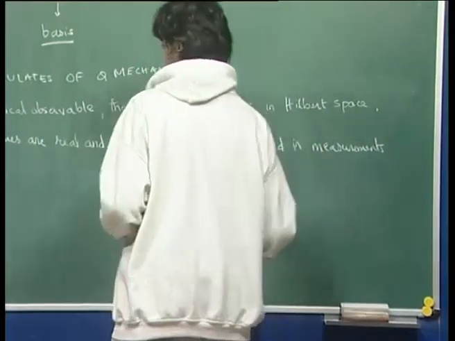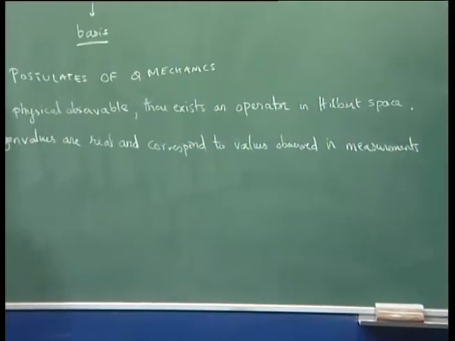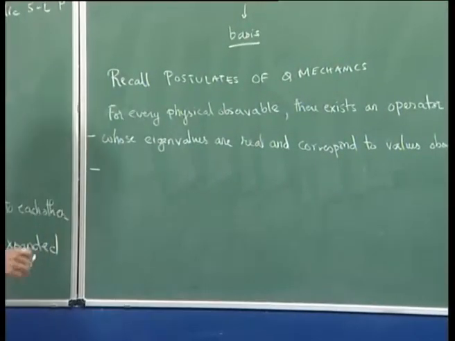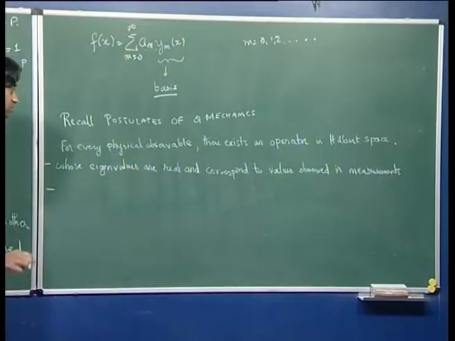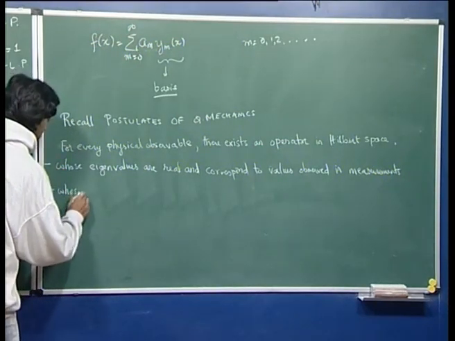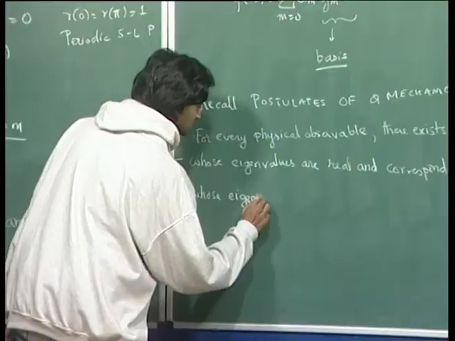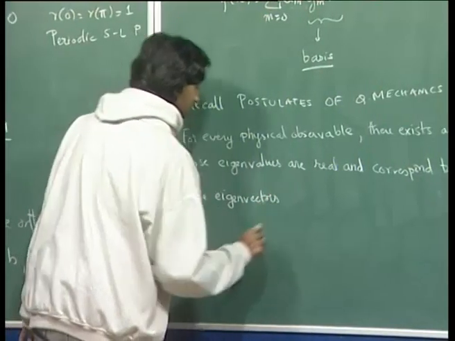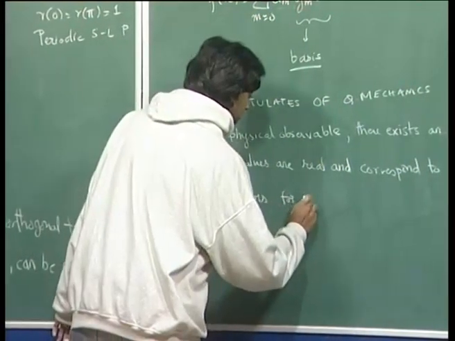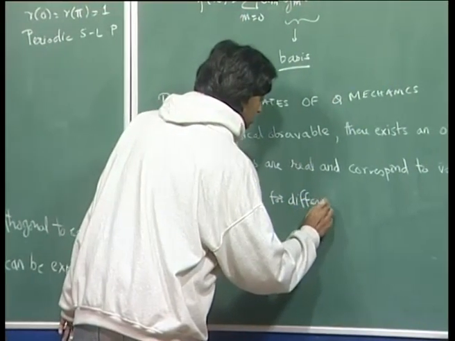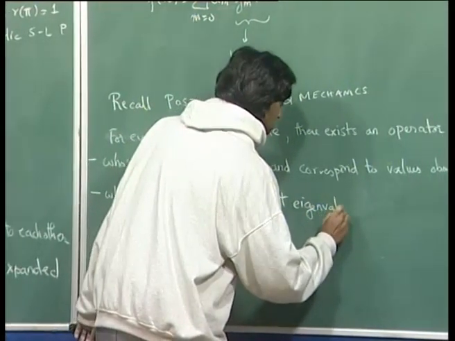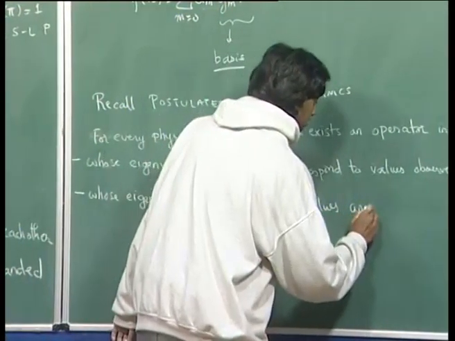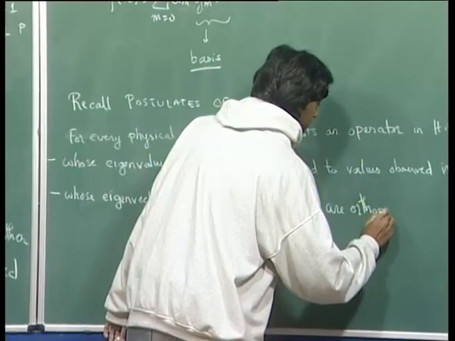So, there exists an operator in Hilbert space whose eigenvalues are real and correspond to values observed in measurements, and whose eigenfunctions for different eigenvalues are orthogonal.